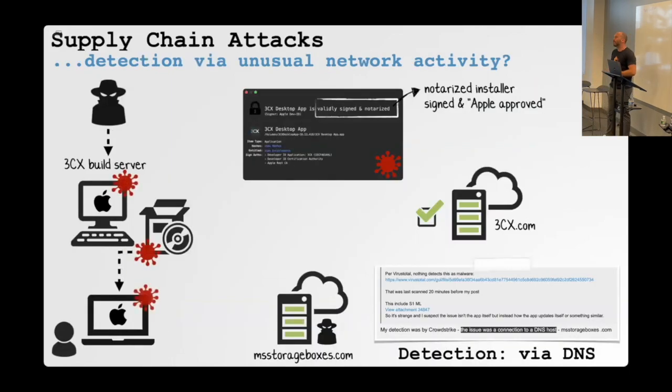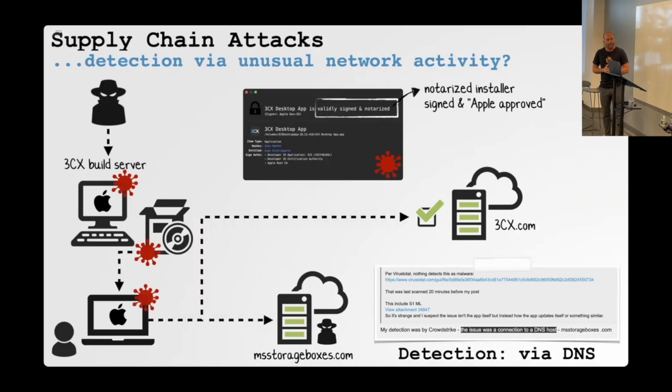We had some talks today that mentioned supply chain attacks, the 3CX one being one of the most recent, most prolific ones. And as Sal mentioned, there was a component that infected, or targeted, macOS users as well. Supply chains are notoriously difficult to detect, and 3CX is an example of this because what the attackers did was infect 3CX's official build servers, surreptitiously modify the installer, add some malicious code, sign it with the code signing certificate belonging to 3CX, and then, worse, send it to Apple, who inadvertently notarized it.